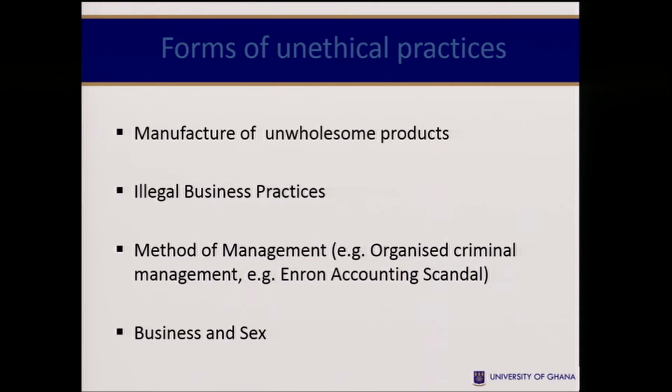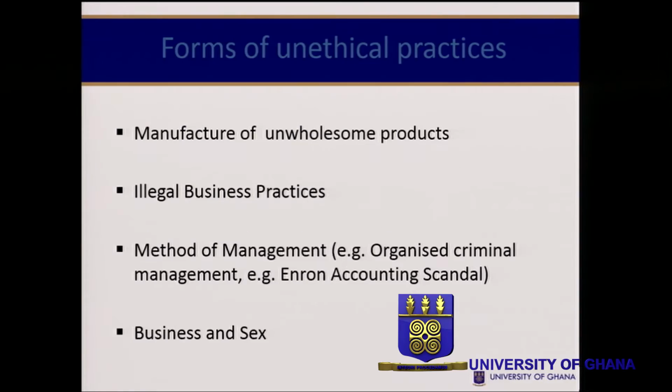Method of management. Organized criminal management is also unethical, an example being the Enron accounting scandal. Business and sex can also constitute an unethical practice. That is, using sex to solicit business is considered an unethical business practice.